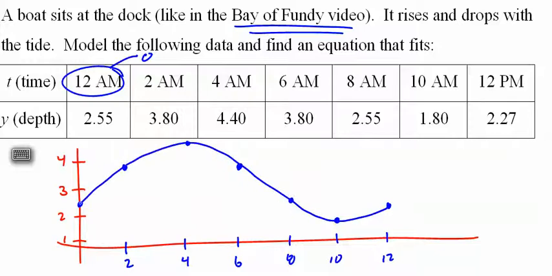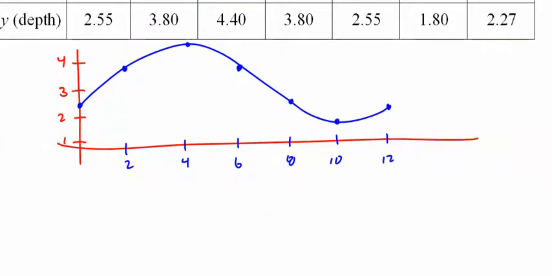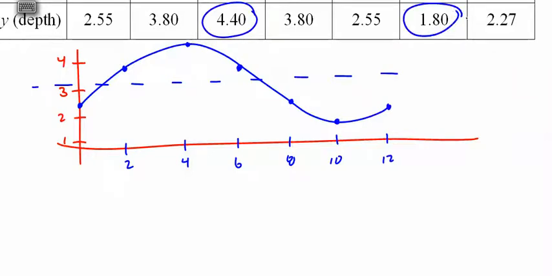Definitely looks like a sinusoidal graph. So we look at it and we say, well, what can we pluck off? Well, we want to find the vertical shift here in the middle somewhere. The other data was kind of manufactured, the other graph that we used. This one, we've got to go to the high and the low. And those are not necessarily the high and the low. They might just be the data we have every 2 hours.